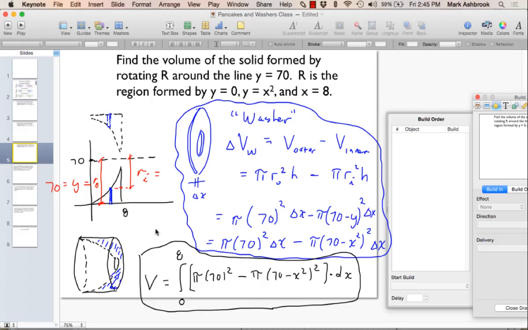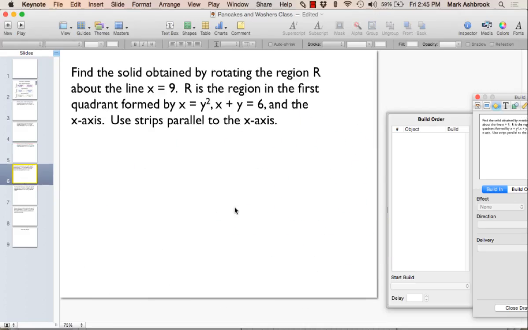Last chance. Good one. So this region would actually extend further out like this, right?